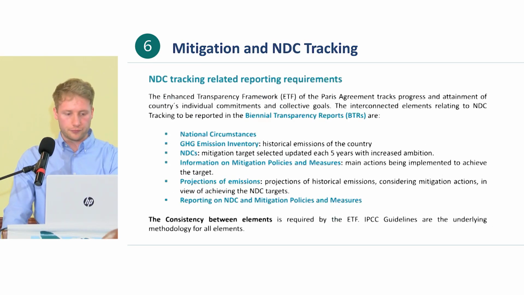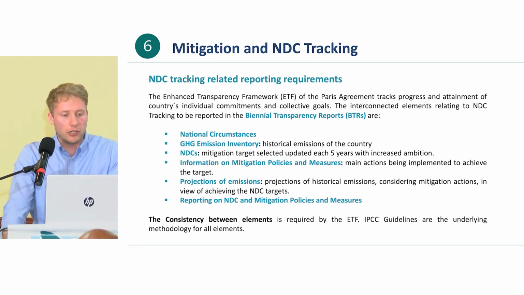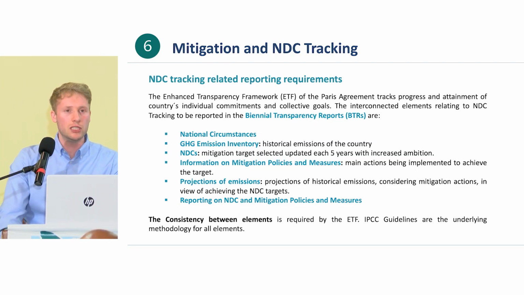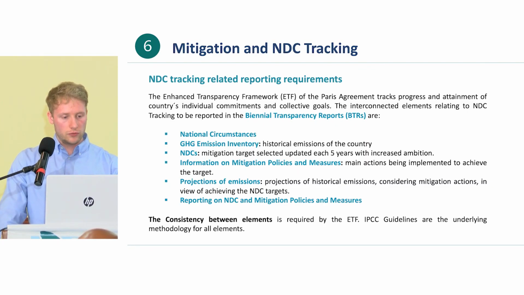We need to see. So what needs to be reported for NDC tracking in the biennial transparency reports? Well, national circumstances: explain what's going on in your country. It always helps to explain these are our industries, these are our activities, this is what our economy is focused on, so include this. Then of course, right, the emissions inventory.